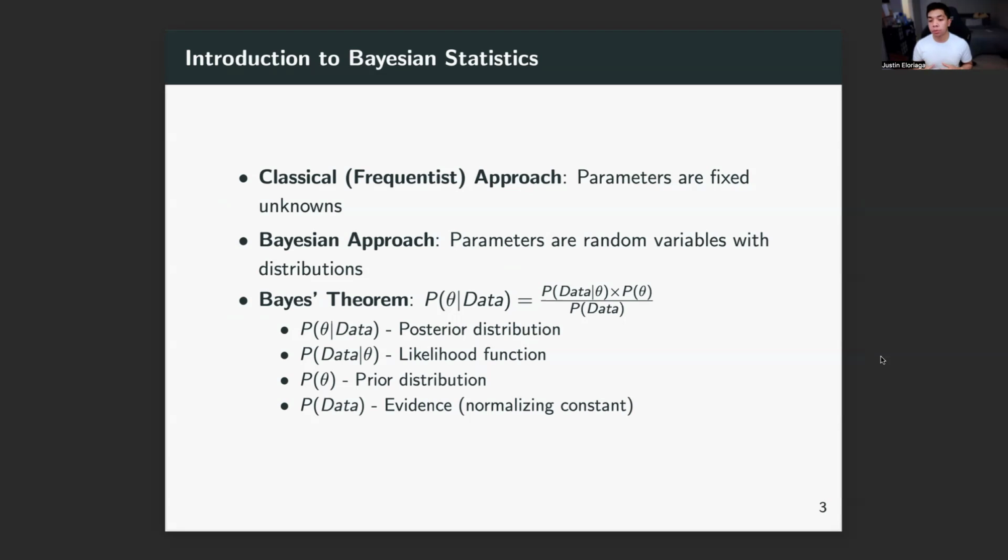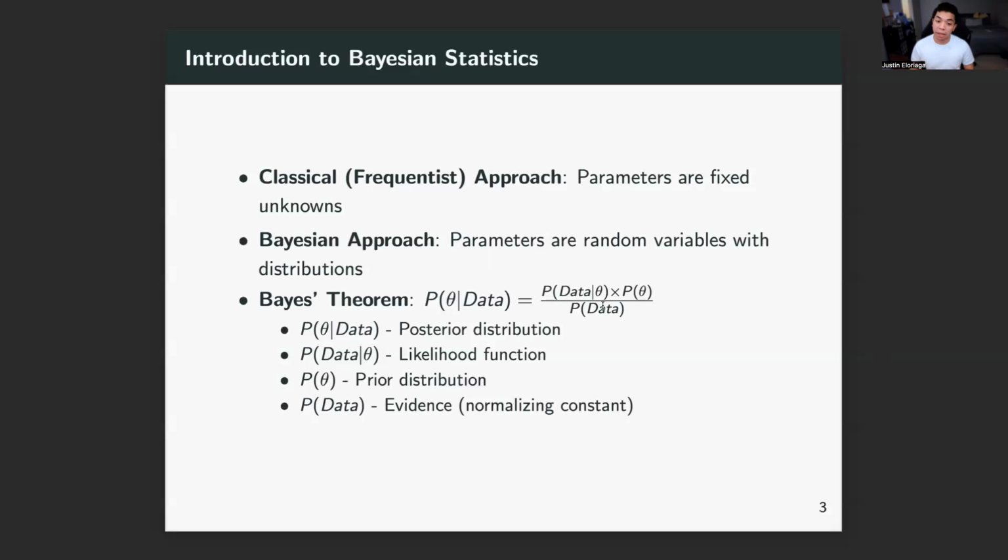The Bayesian approach is centered around Bayes' theorem, the theorem that Bayes initially came up with. For an unknown parameter theta, given the data, the probability of theta given the data is equal to the probability of the data given theta times the probability of theta, divided by the probability of the data.